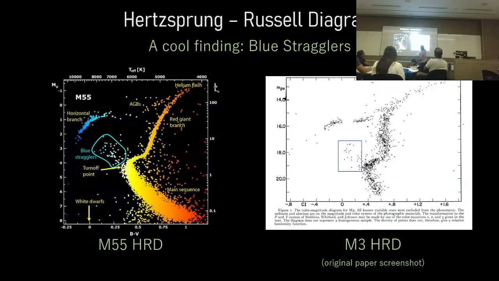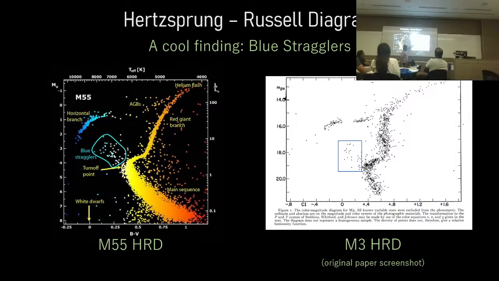The HR diagram of a globular cluster should look like this: you have the main sequence and then it goes somewhere over there, roughly, and then you have this turning point in all the diagrams of globular clusters. I won't go into too much detail, this is called the turn-off point, but this is not the main idea.